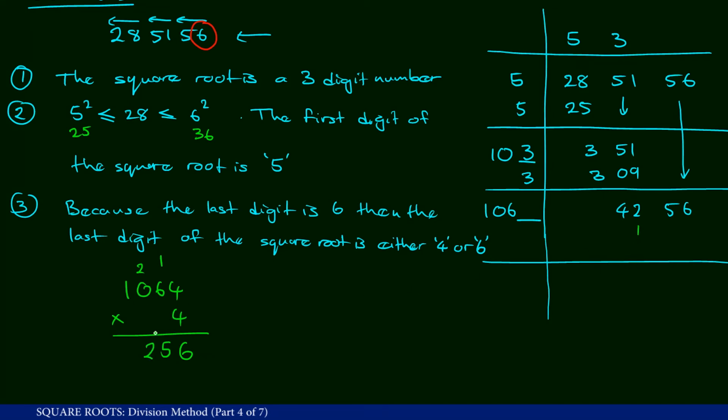And 1 times 4 is 4. So 4256. So that is the answer. That gives us 4,256 with remainder 0.